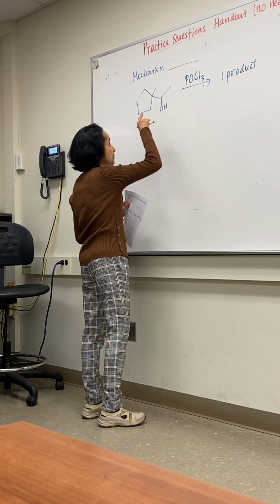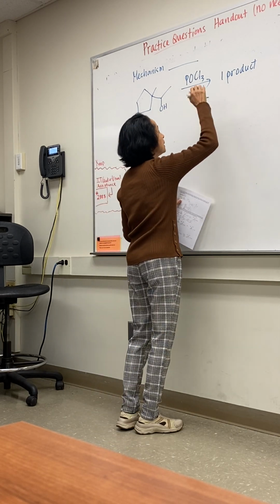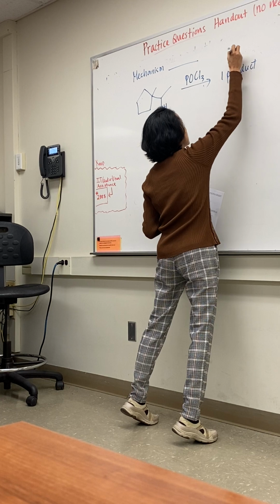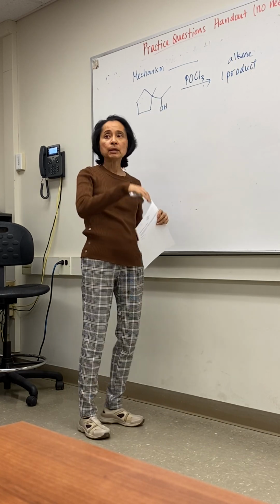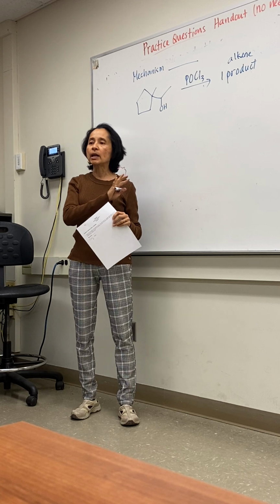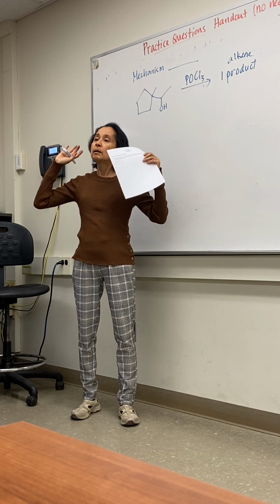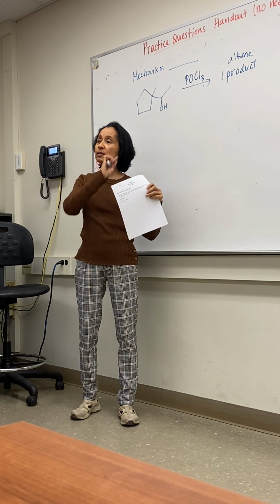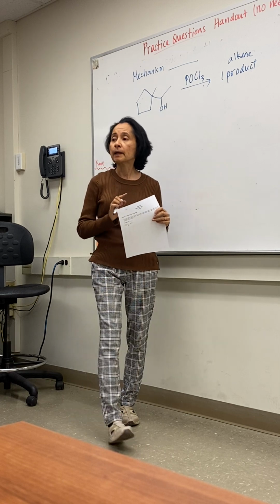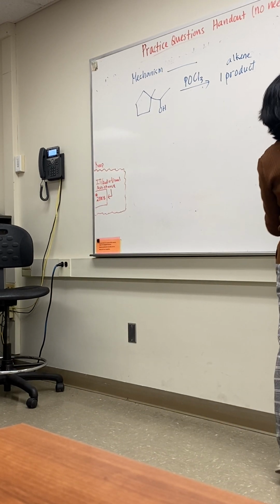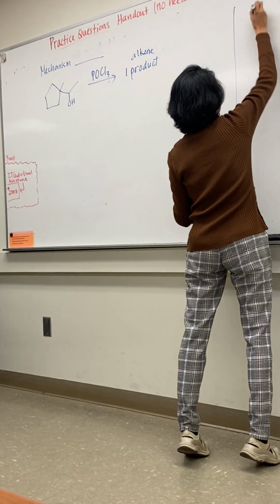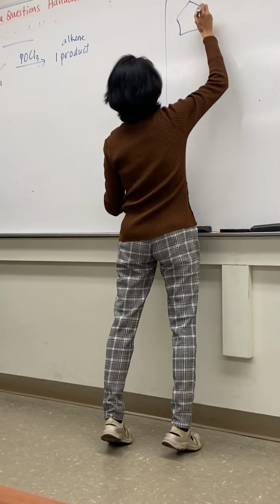And you know, this is an alcohol to an alkene. Only 1 product, right? So when you do this, you can write the products first, and then go backwards to do the mechanism. Okay? So 1 product, and then the other question is, I have this.